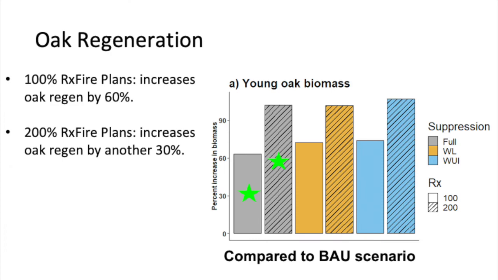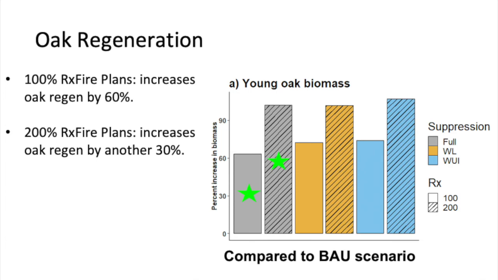So the graphs here that are solid are just looking at the effects of suppression and the 100% prescribed burning. And then the hashed ones here are looking at 200% prescribed burning in the different suppression, right? So you get full suppression here in the wildlands and, again, along the WUI, and then separated out into wildland and WUI.